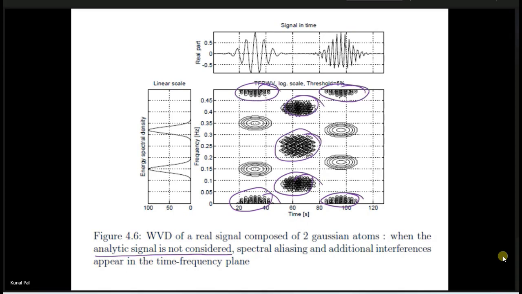And apart from this, the main signal components are also wonky, which means they are also noisy, filled with noise. Due to this reason, you should keep in mind that while going for joint time frequency analysis, it is advisable that you use the analytic signal for the analysis. Okay.